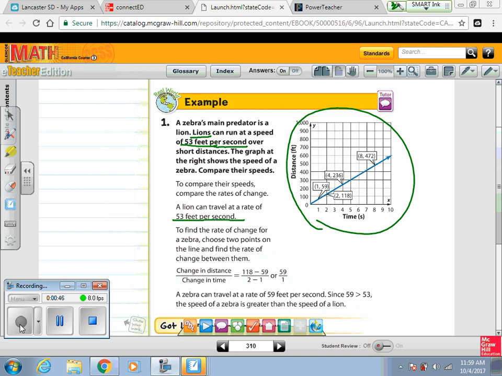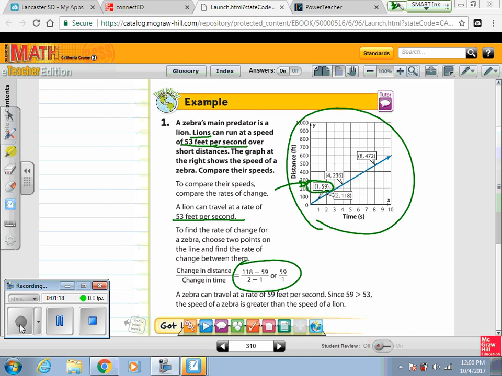We have to look at the rate of change for the zebra, and they're very nice to us because they tell us that for 1 second, a zebra goes 59 feet per second. Okay? So the rate of change here, they actually do the math, but if you need to pay attention on charts, if they're already giving it to you, 59 for 1 second, you don't have to do the slope.